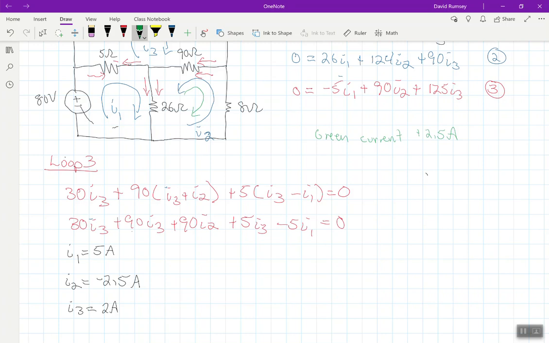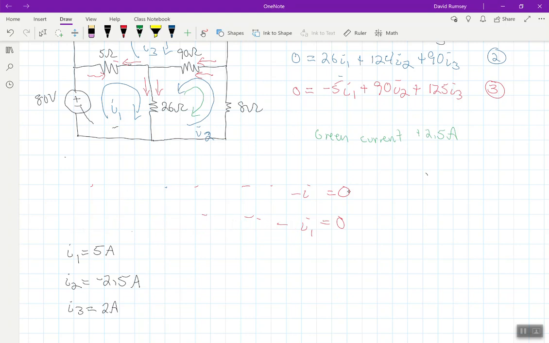Now, we know that the problem here, I'm going to erase this equation here. The problem was asking us for the power delivered by the power supply. And to get the power, it's voltage times current, right? Well, let's see here. The current I1 is going into the negative side of the power supply.